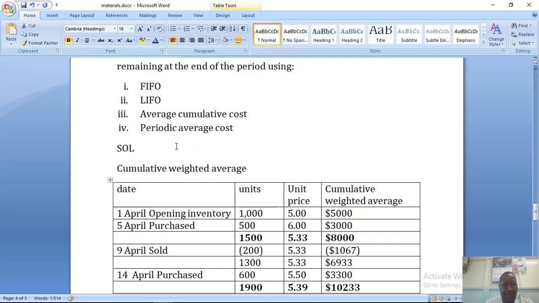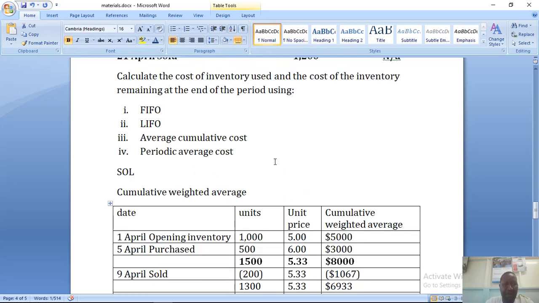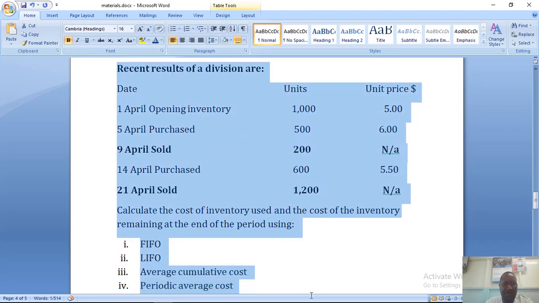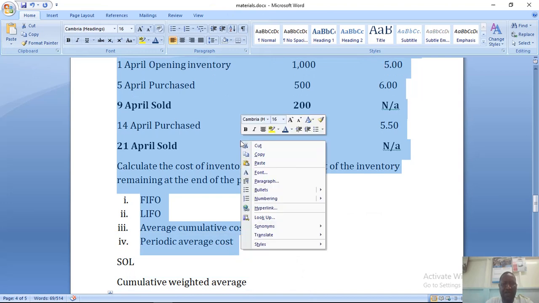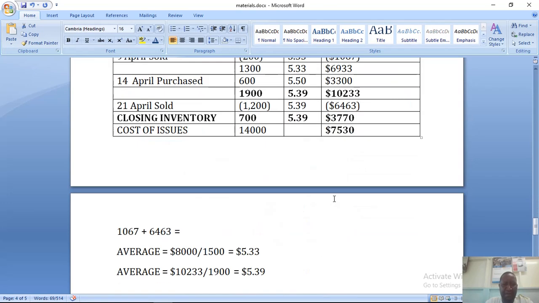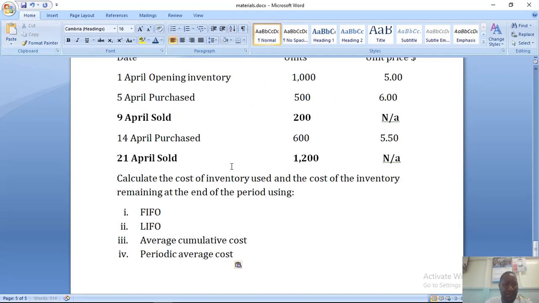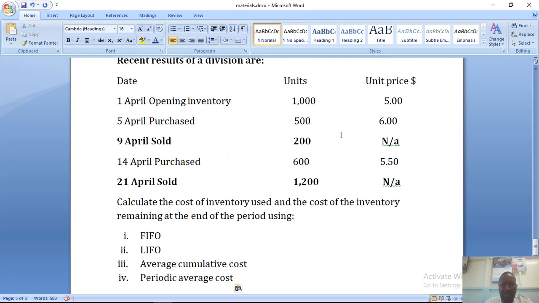Then the last method of inventory valuation is called the periodic average cost method. With this particular method, you have to calculate the average cost of issues right at the end of the period. So let's bring the question down there. You add all the total value of purchases or units received, and then divide by the total number of units received, and you've gotten the average cost per unit.